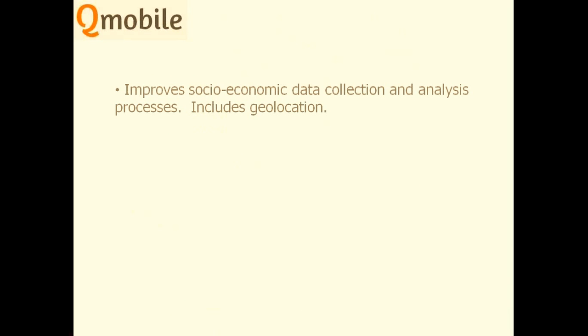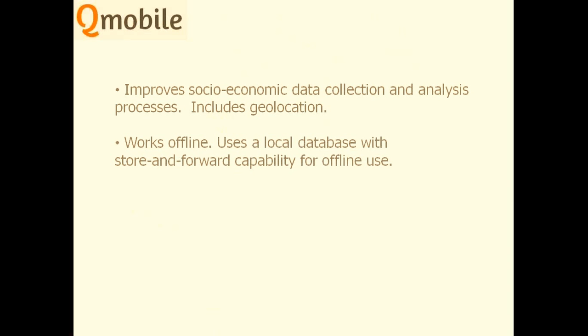Right now, QMobile helps us improve socioeconomic data collection and analysis processes, and it already includes geolocation, as you will see in the demo. This is what we are offering right now, and then I will finish with the short and medium-term roadmap. It works offline. This is a critical functionality.